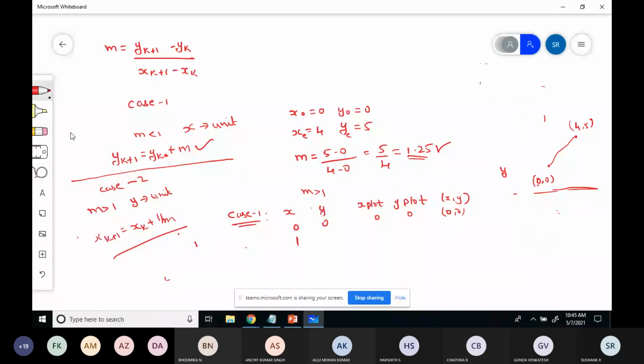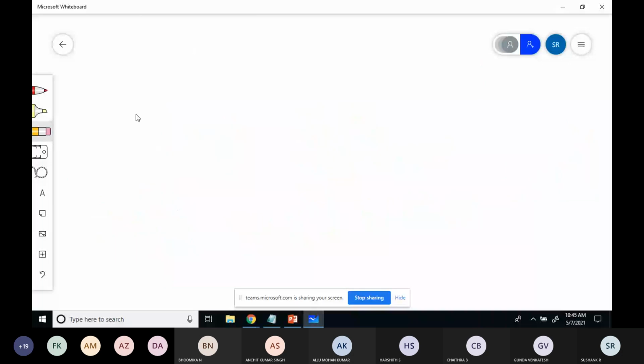Just write the formulas once again. Otherwise, it will be confusing for solving the problem. So I'll just write the cases here.